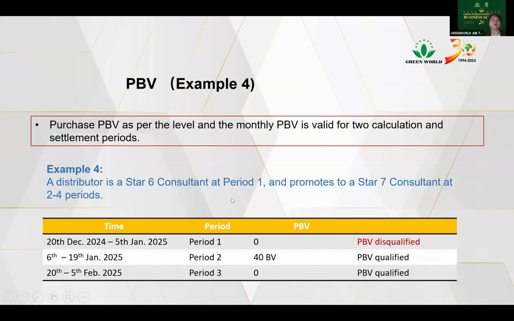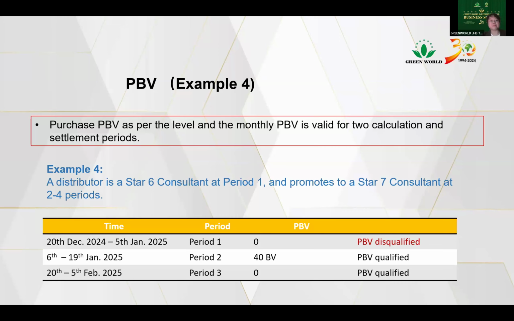Okay, example 4. Same scenario: the distributor is a star 6 consultant at period number 1 and promotes to star 7 consultant at the second and the 4th period. If that person fails the personal BV in the first period, then he's disqualified for the corresponding bonuses in the first period.